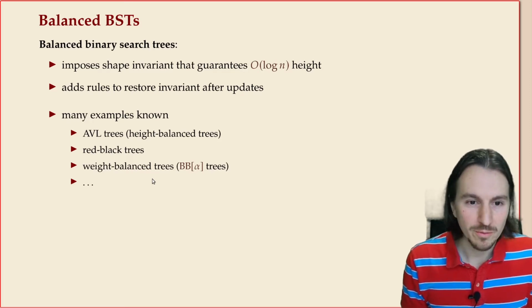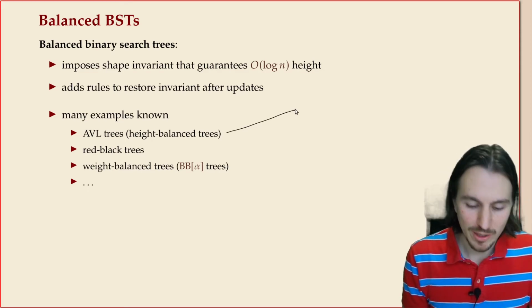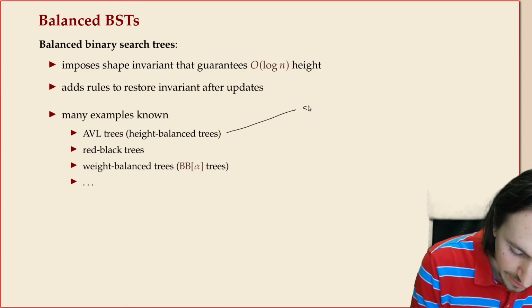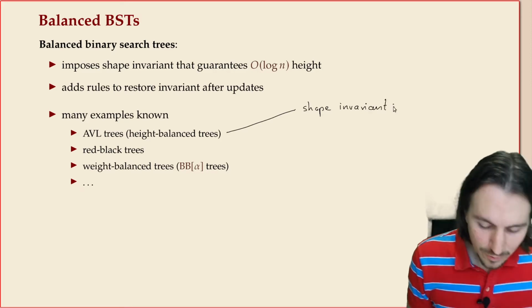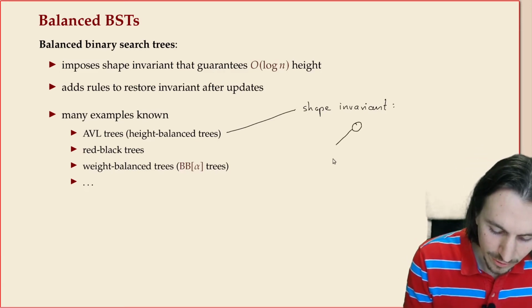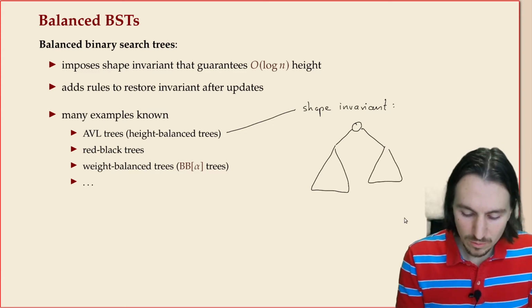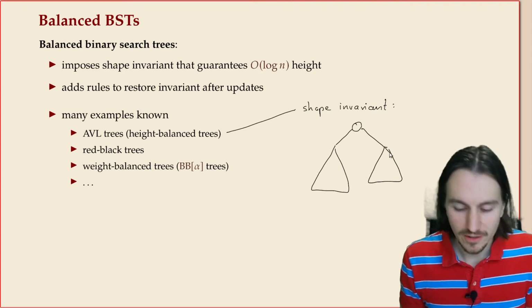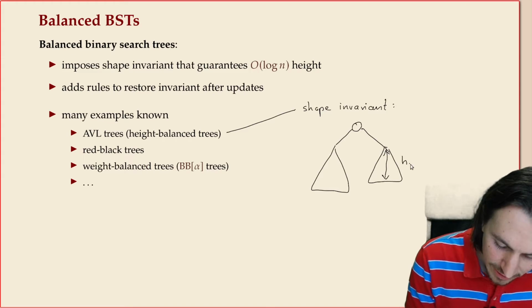Because not so many people have seen this, let me point out just the type of shape invariants that these balanced binary search trees have. For AVL trees, we insist that whenever we have a node which has two subtrees, one of these subtrees might be smaller, and they will have two heights: the height of the right subtree and the height of the left subtree.